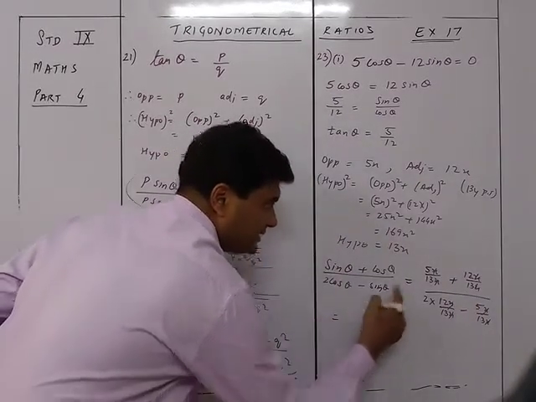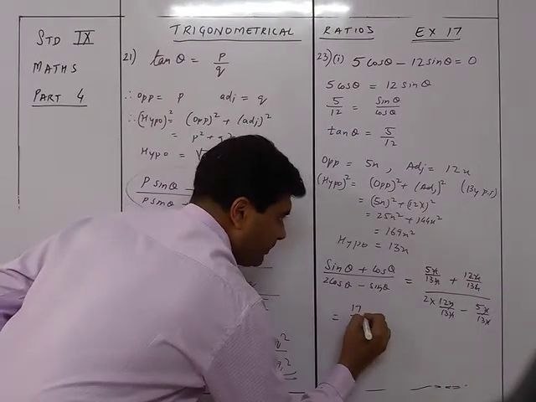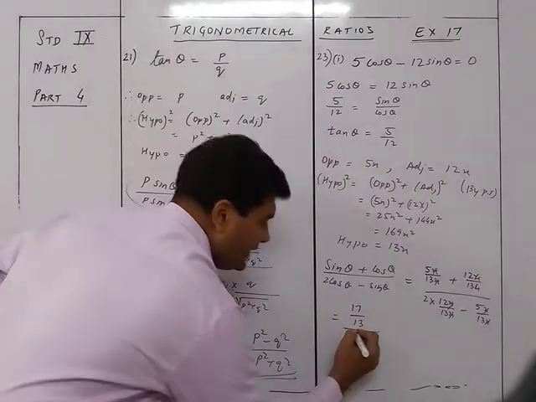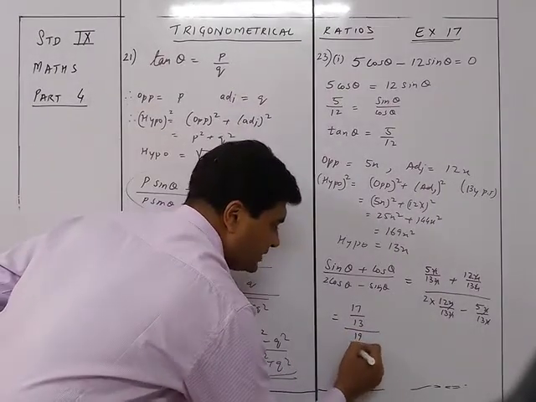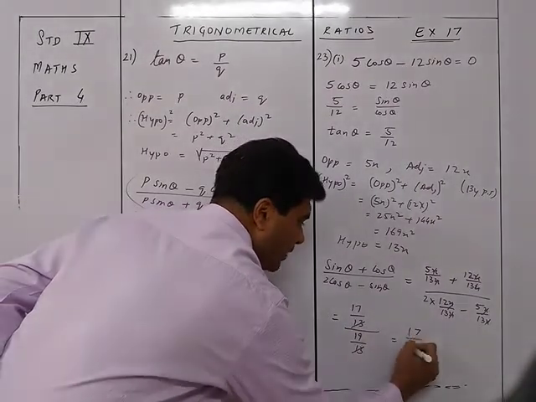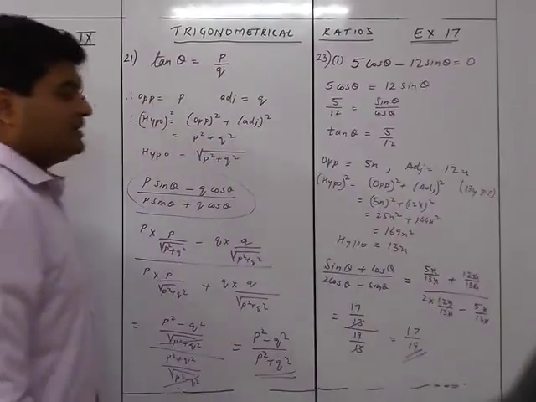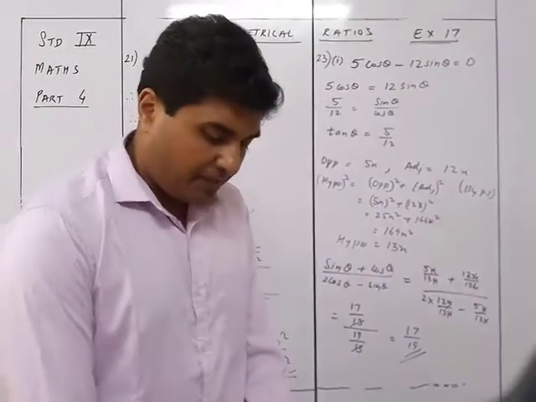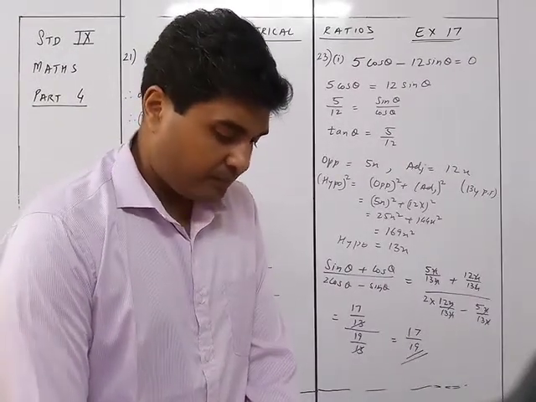That gives me 17 upon 13 upon 24 minus 5 upon 13. 13 cancels, equal to 17 upon 19 as the answer to this particular question. So the answer is 17 upon 19.